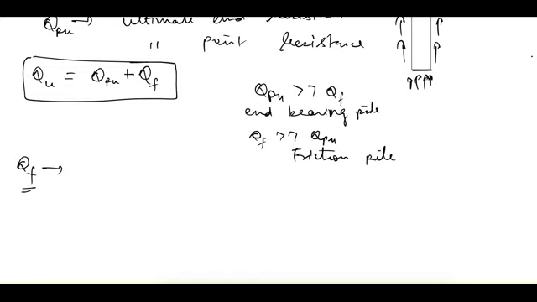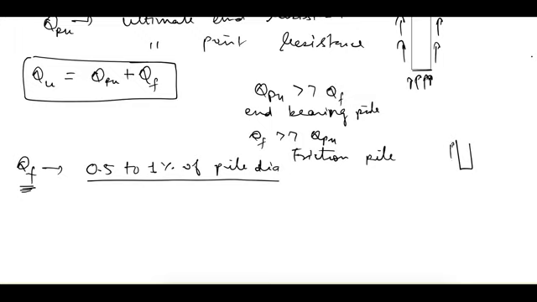The movement of the pile required to completely mobilize frictional resistance is between 0.5 to 1% of pile diameter. If this much movement happens, then the whole surface will be contributing towards the frictional resistance.